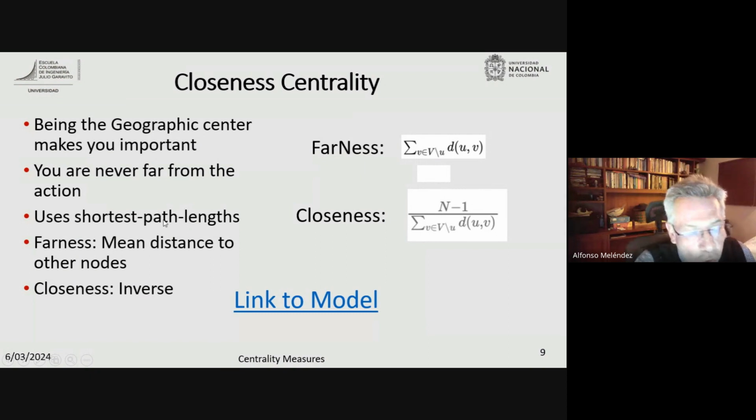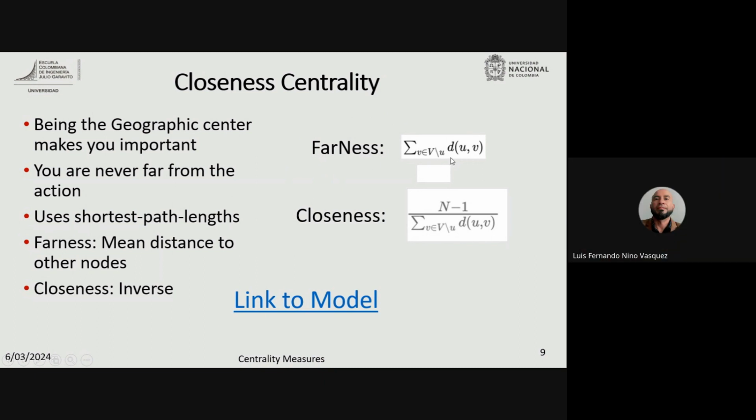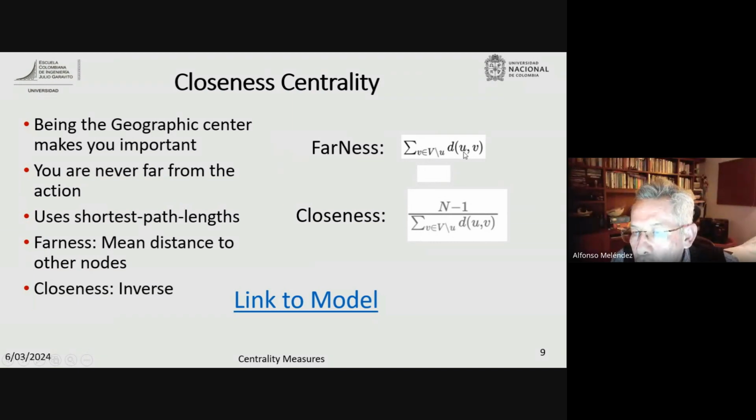And how can you define closeness centrality? It's very easy. I think it's best if we talk about farness. Okay? What is the farness of a node in a network? Very simple. You have a node u. You look for the distance from you to the other nodes in the network. For one node is distance 2, for other node is distance 3, and you sum all these distances, okay?